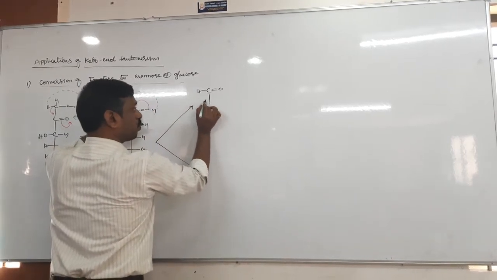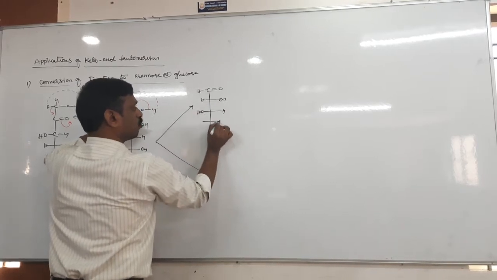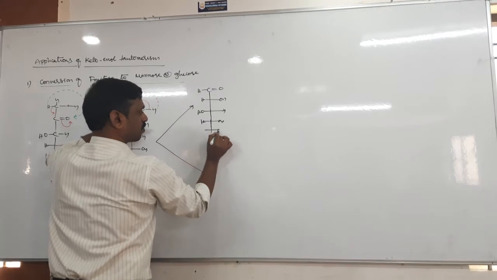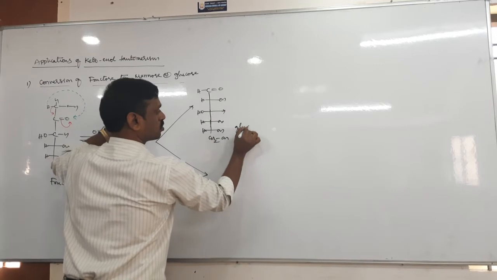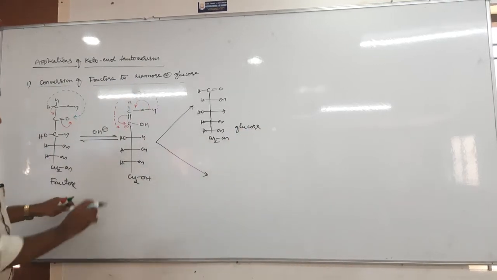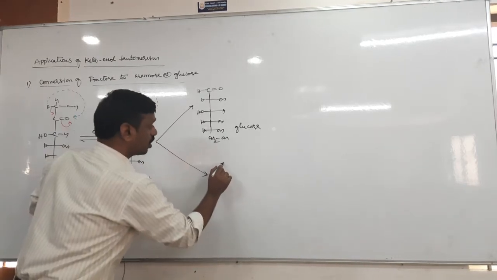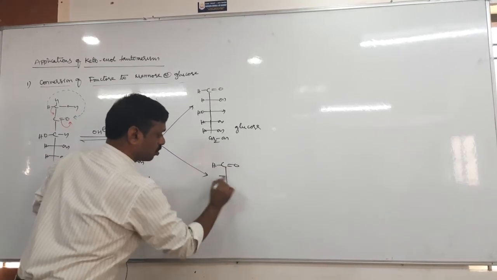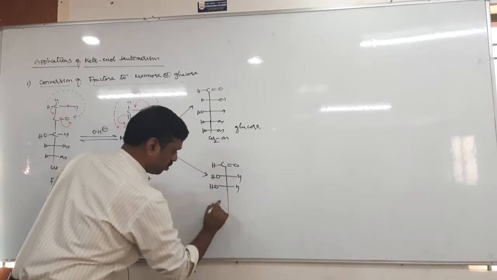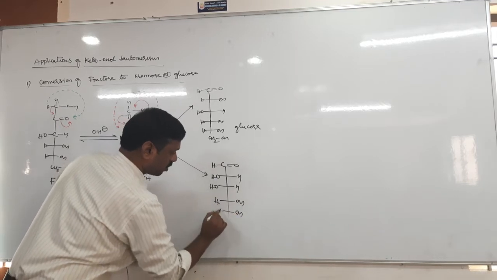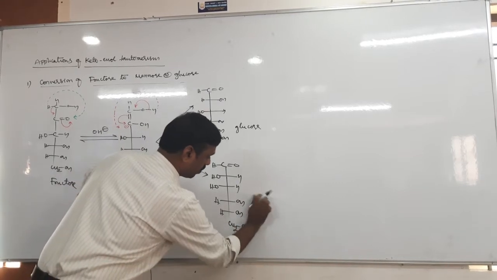If the second carbon OH comes on the right side, and third, fourth, fifth are the same, it is called glucose. If the second carbon OH goes to the left side, it is mannose. So in this way fructose gets converted into either glucose or mannose.